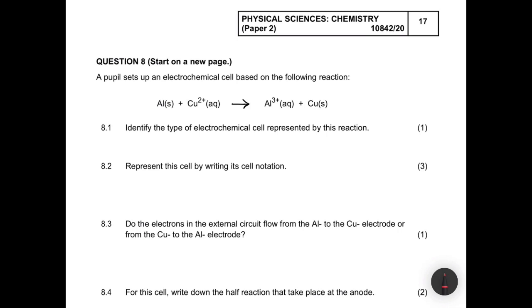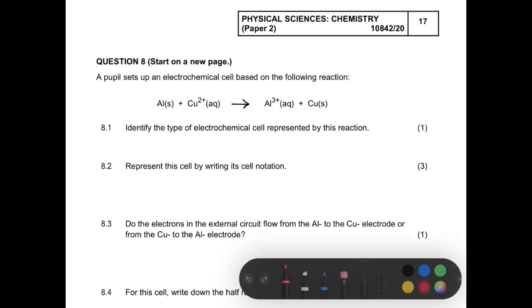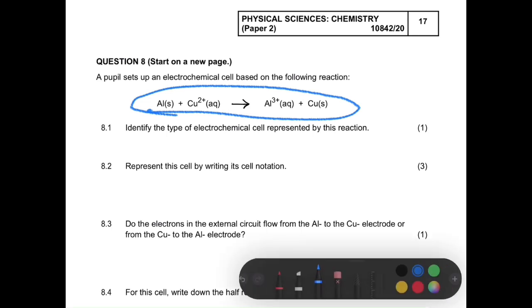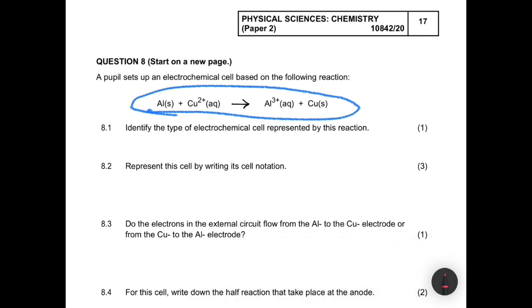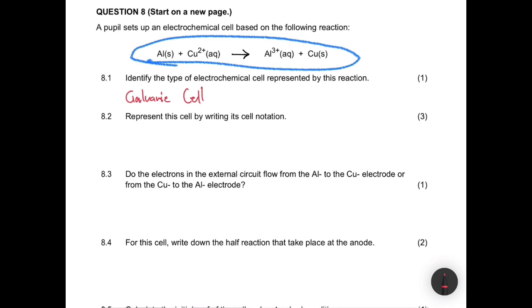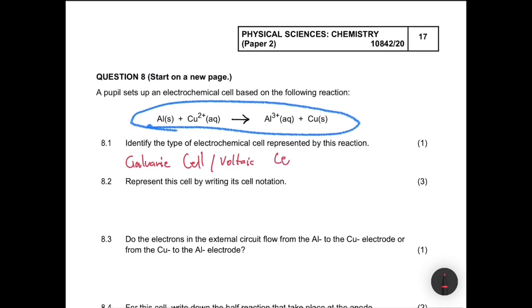We don't have an equation like this for an electrolytic cell, because in an electrolytic cell the electrodes are not reacting, so you cannot have such an equation. You can only have such an equation for a galvanic cell. So the answer for 8.1 is galvanic cell. There are two names for a galvanic cell: galvanic cell or voltaic cell.